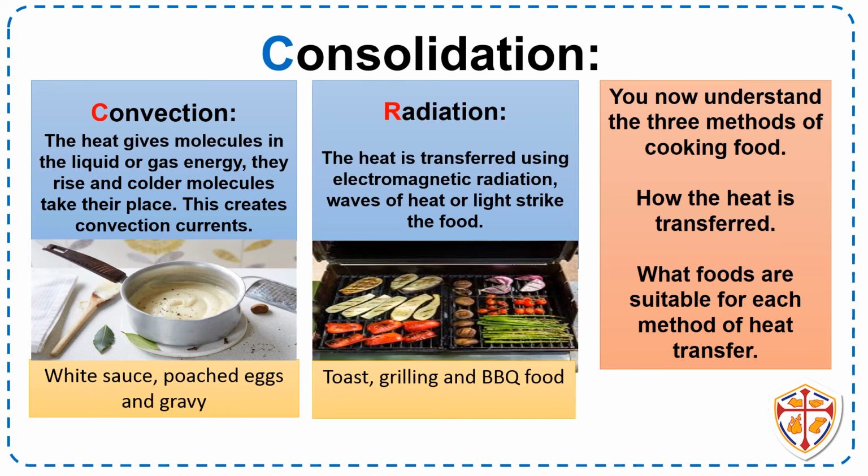This type of cooking is where the heat is transferred using electromagnetic radiation, waves of heat or light that strike the food. There is no physical contact between the heat source and the food being cooked. So examples of this are waves of heat directed at the food, for example grilling sausages, bacon or kebabs.